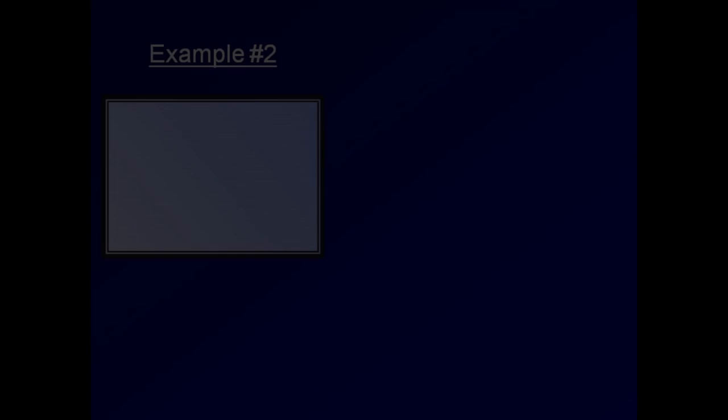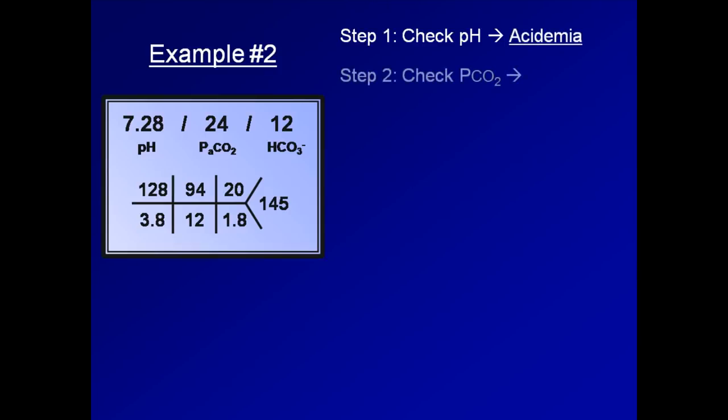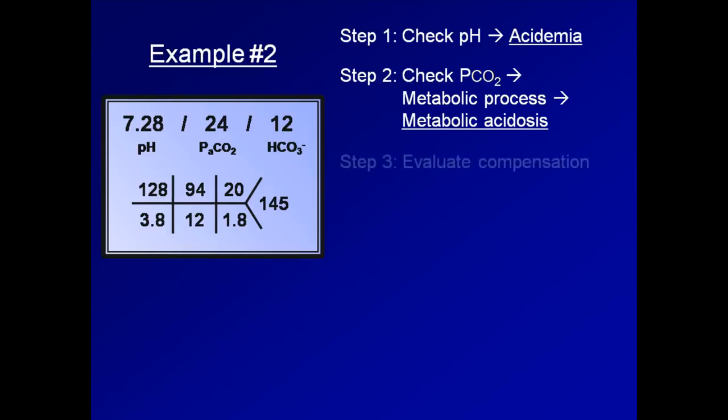Example number 2, pH 7.28, PCO2 24, bicarb 12. Step 1, the low pH tells us that this patient has an acidemia. As step 2, the concurrently low PCO2 tells us that it is a metabolic process and therefore a metabolic acidosis. For evaluating compensation, we use Winter's formula again.